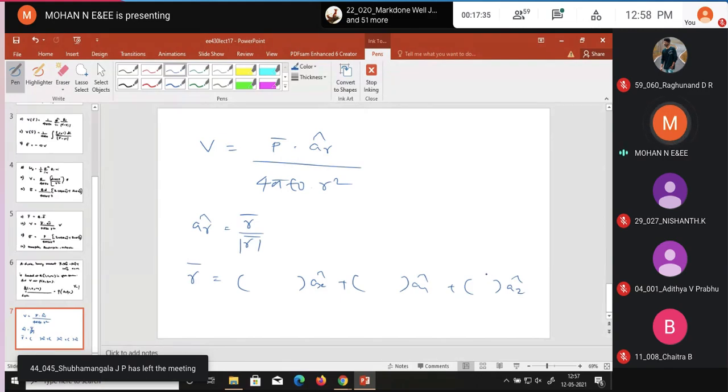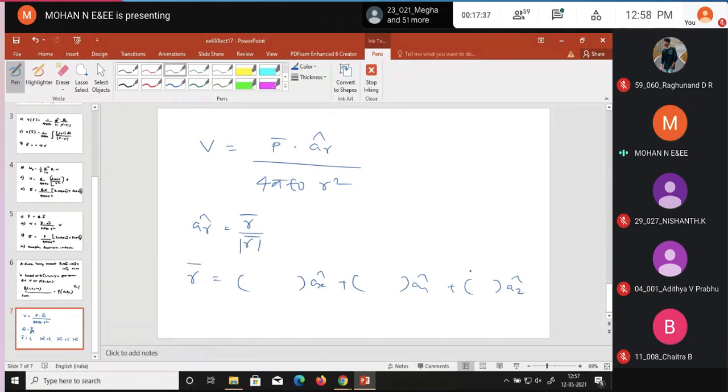So you have to find the distance vector between P and Q. It is nothing but 2 minus 1 in the x direction, 3 minus 2 in the y direction, and 4 minus minus 4 in the z direction.